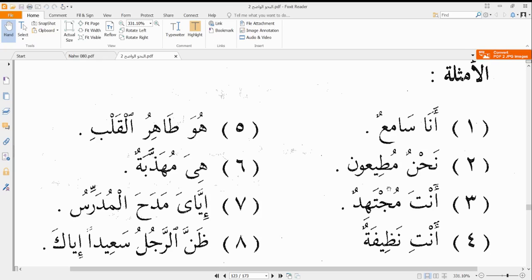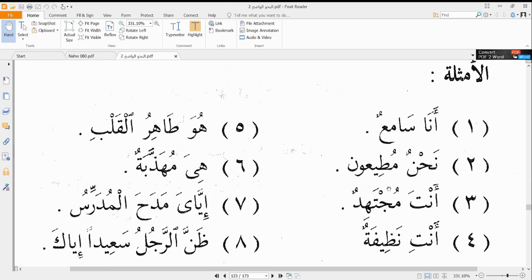Anti nadhifatun. So if we look at all of these damair, we see that they are used in a place where, if we had wanted to use a different noun, those nouns would have been in the place of rafa'.